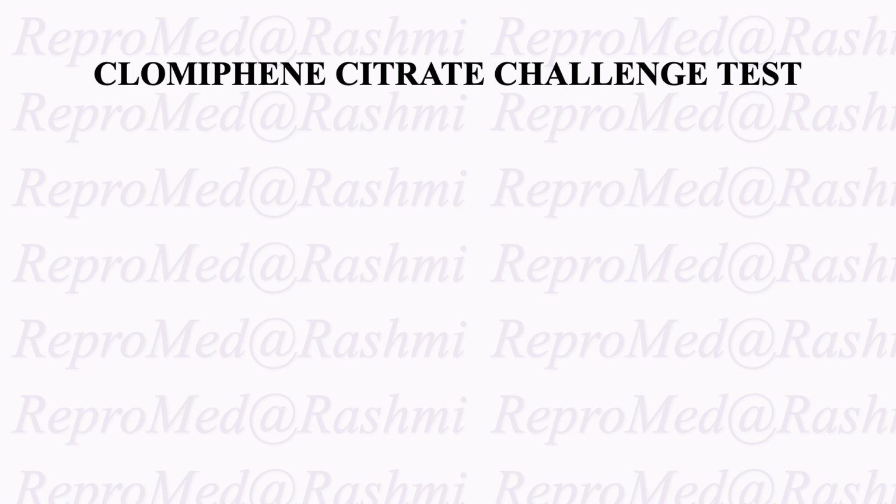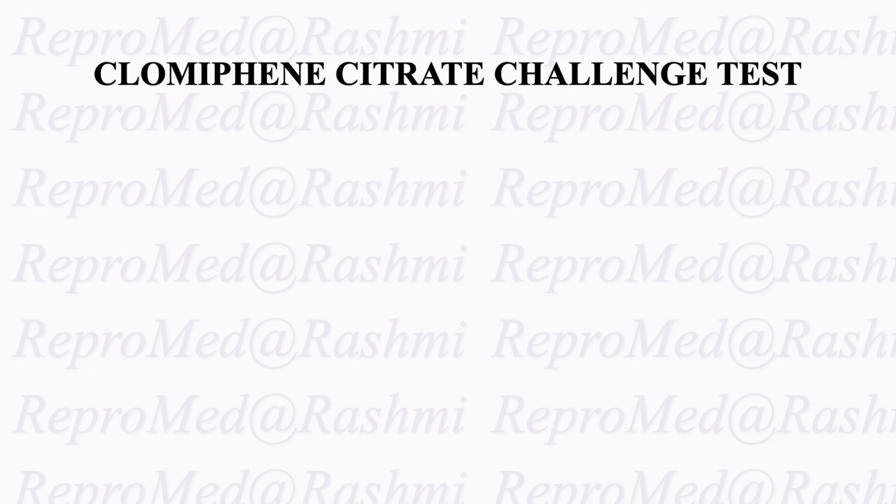Because sometimes, because of some follicular cyst or functional cyst, the estradiol is more, which will lead to feedback inhibition on the FSH. So the FSH level will come out low. That will be a false negative report of the FSH. FSH is low only because the estradiol is more in the body. So FSH and E2 must be done together. This is a very important point.